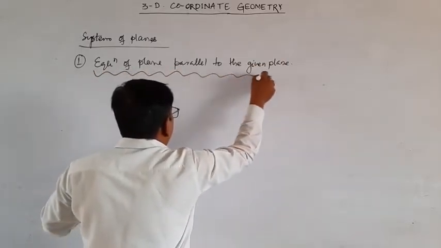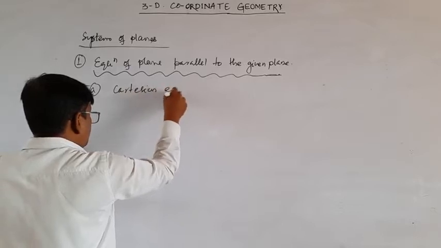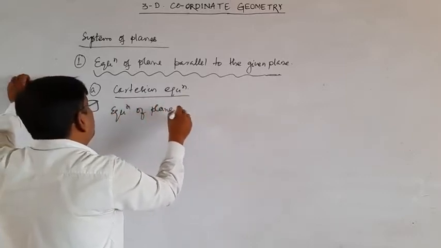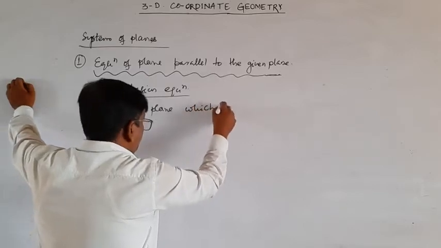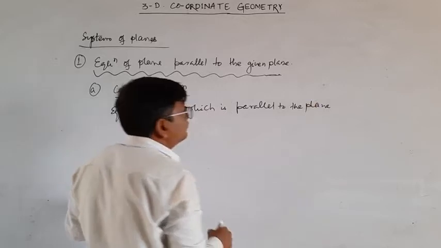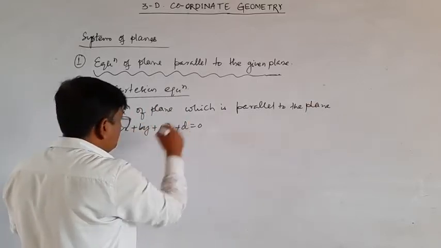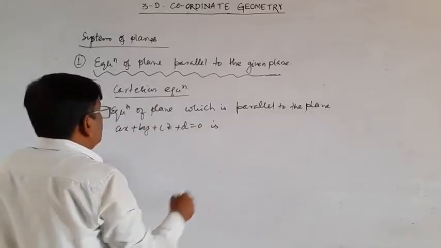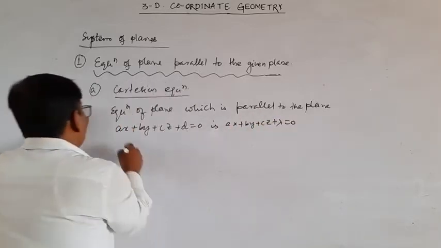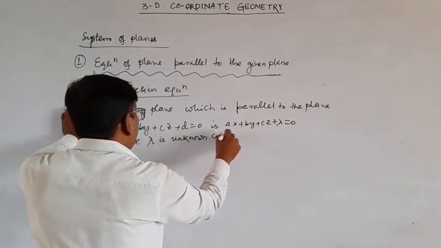With the Cartesian equation, the equation of a plane which is parallel to the plane ax + by + cz + d = 0 is ax + by + cz + lambda = 0, where lambda is an unknown constant.